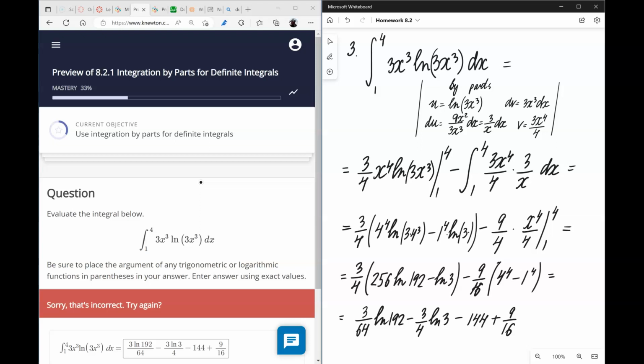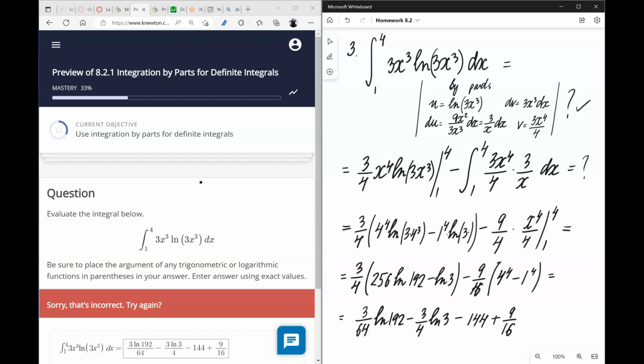So I'm checking my integration by parts setup right now, and it looks good. Minus integral, so now I'm at this line. Integral of 9/4 x cubed, x to the 4.